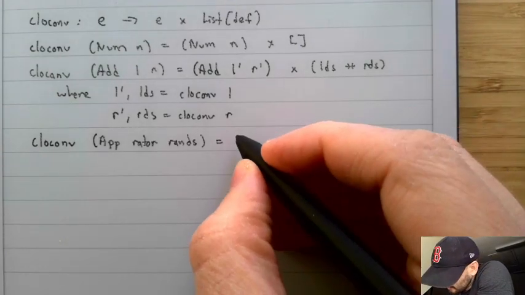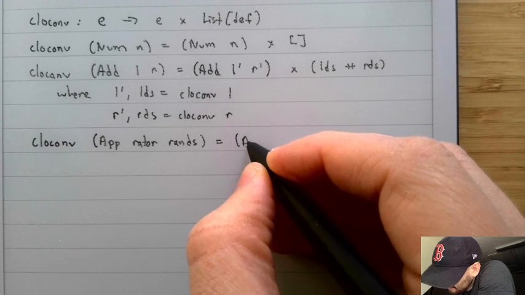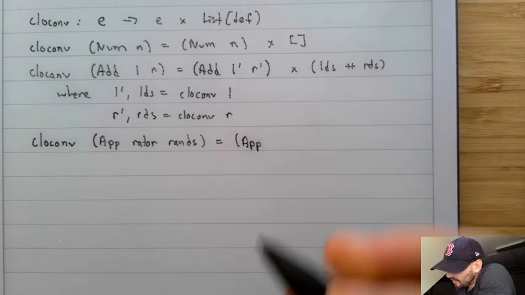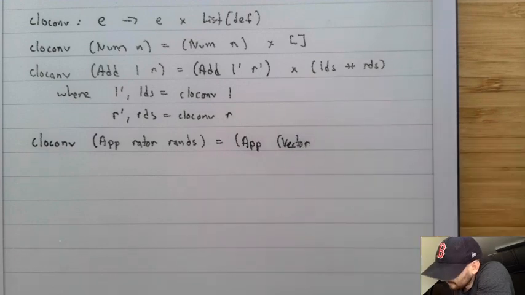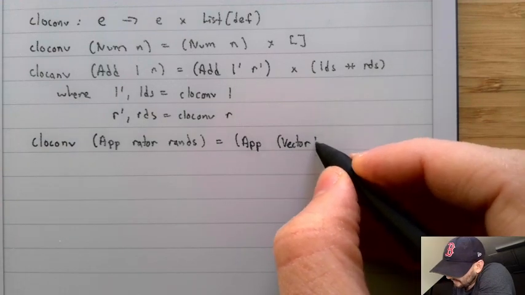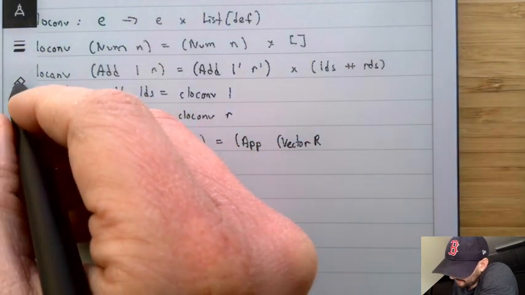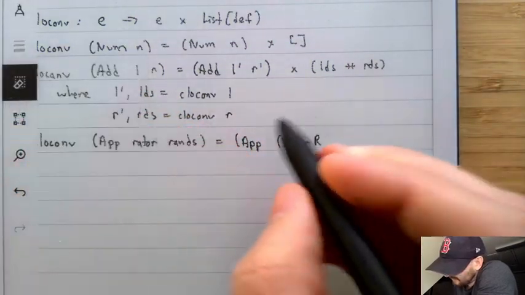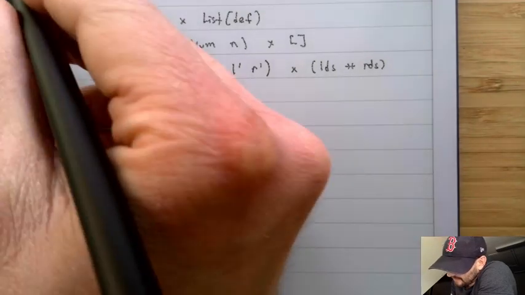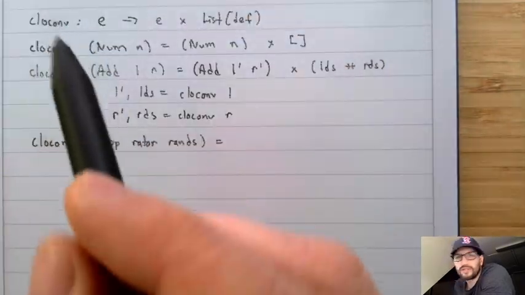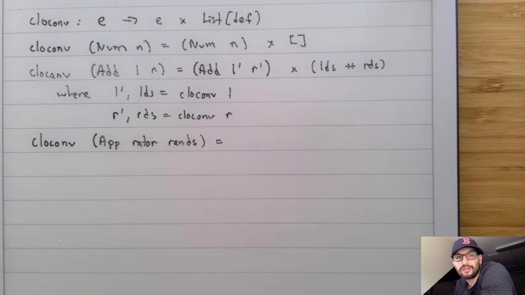It's going to turn into an app where we're going to have a vector ref. Actually, sorry, we need to modify this a little bit. Closure conversion, by the way, takes place on arbitrary things. So that means this rator may be a complicated expression.